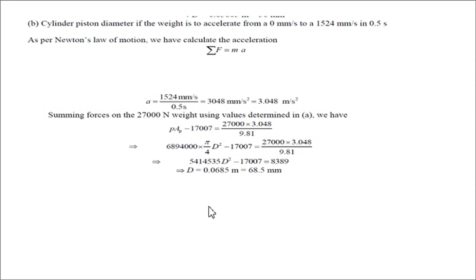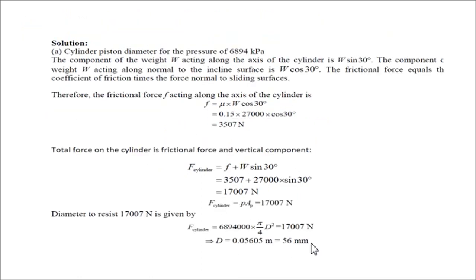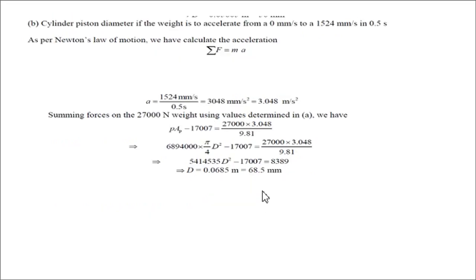What you observe here is that when you consider the deceleration or acceleration value for that particular block, the required area, that is the hydraulic cylinder diameter, increases. In the previous case it is 56 mm, in this case it increases to 68.5 mm.